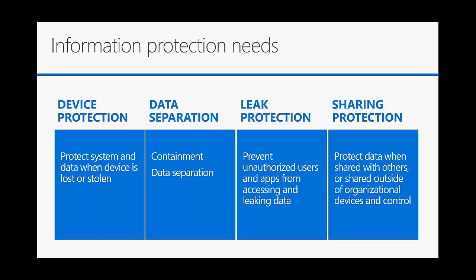They can contain the data, separate it from that device, and remove it from the device, so it prevents unauthorized users from accessing the apps. You can secure the apps to make sure that data is not communicated outside of the policies the user is given for that data. So you have protection options, and the user just can't share it out there.